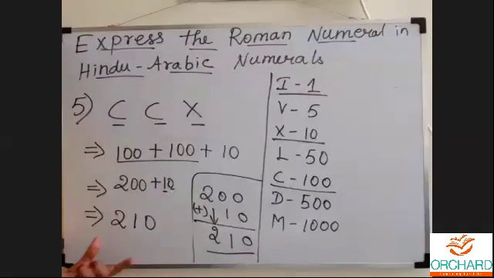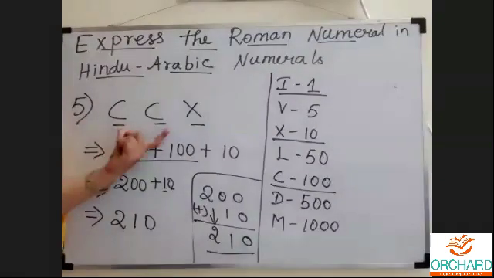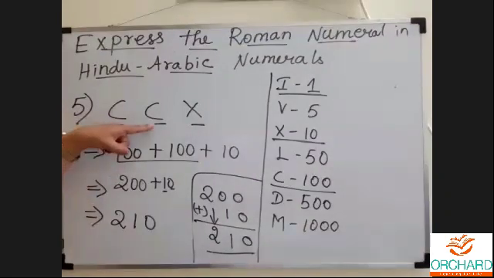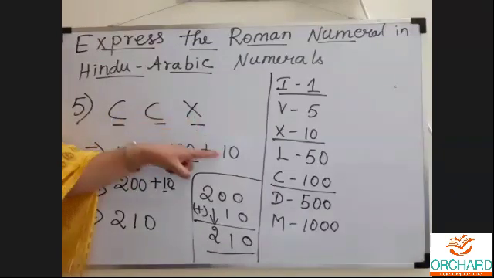So here CCX can be expressed as 210. Once again, I repeat this. Here it is given in the form of a Roman numeral. We have to express this in Hindu-Arabic numeral. So the letter C stands for 100 plus the next letter C stands for 100 plus the next letter X stands for 10.